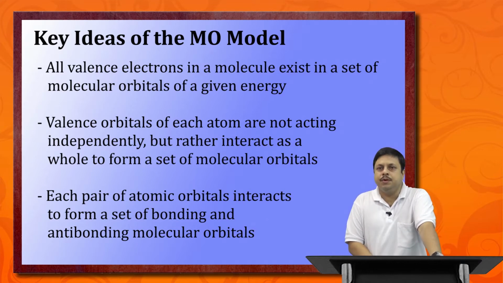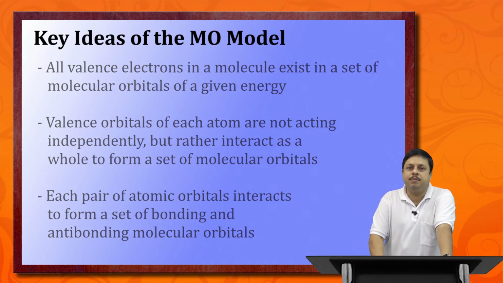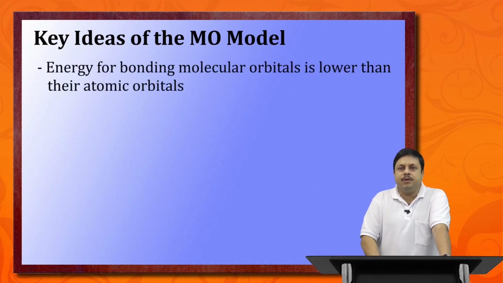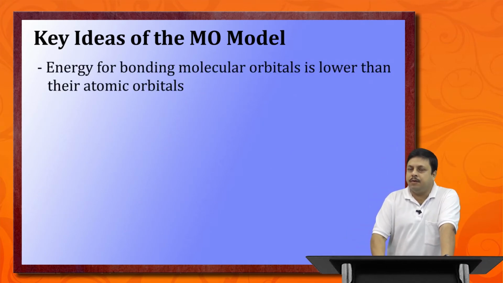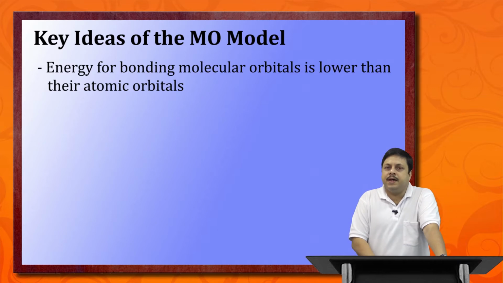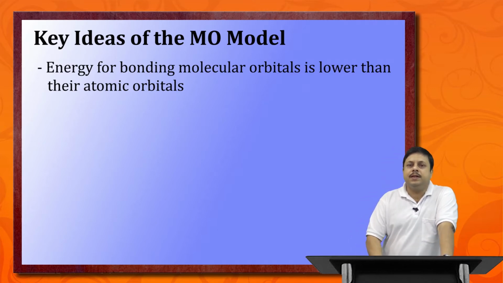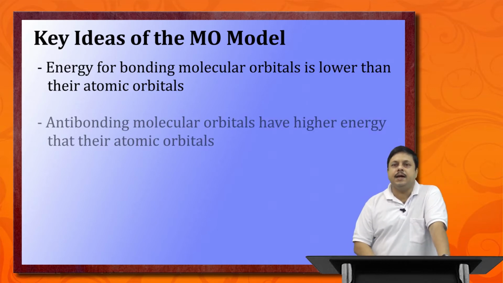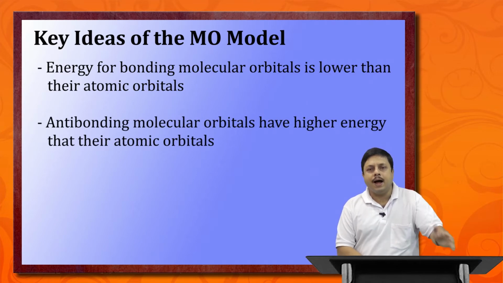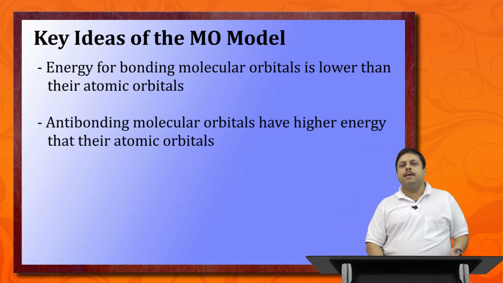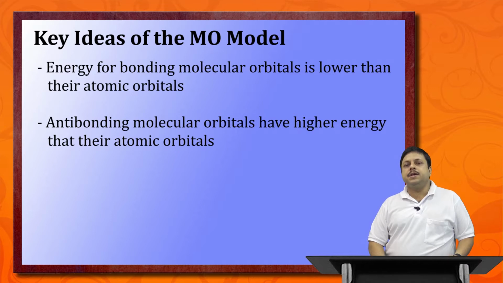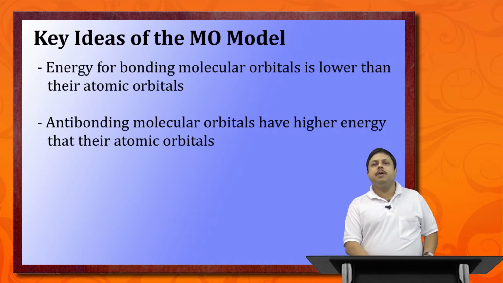We will discuss bonding and antibonding molecular orbitals. The energy of bonding molecular orbitals is lower than the corresponding sum of energies of the atomic orbitals, and the energies associated with the antibonding molecular orbitals are higher as compared to the sum of the energies of the corresponding atomic orbitals.